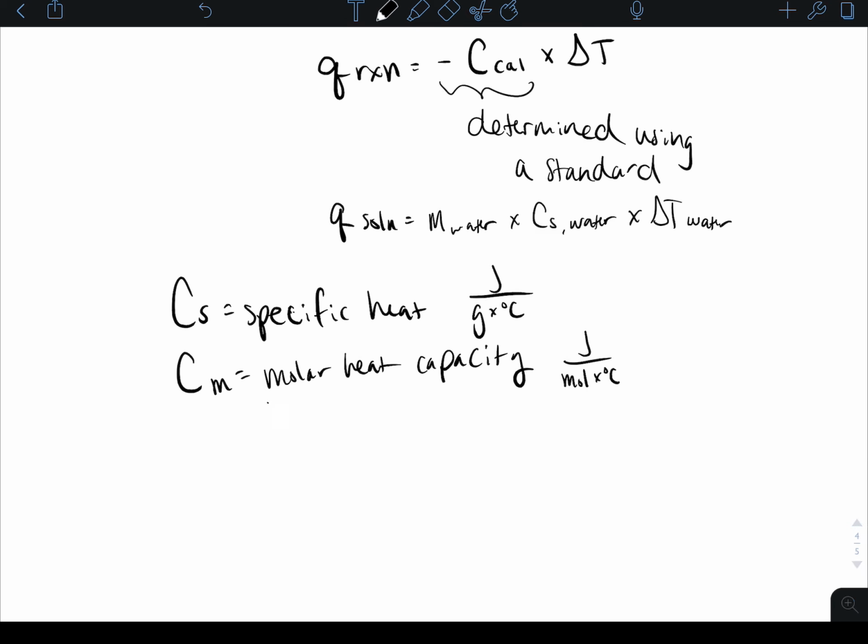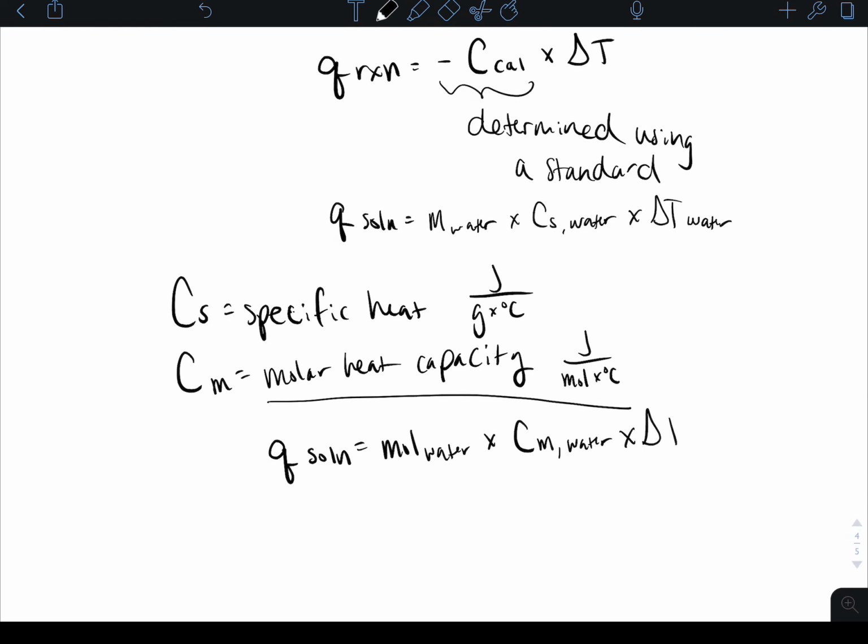So if you're using molar heat capacity instead of specific heat, your equation becomes this. So you just change your unit from grams of water into moles of water.